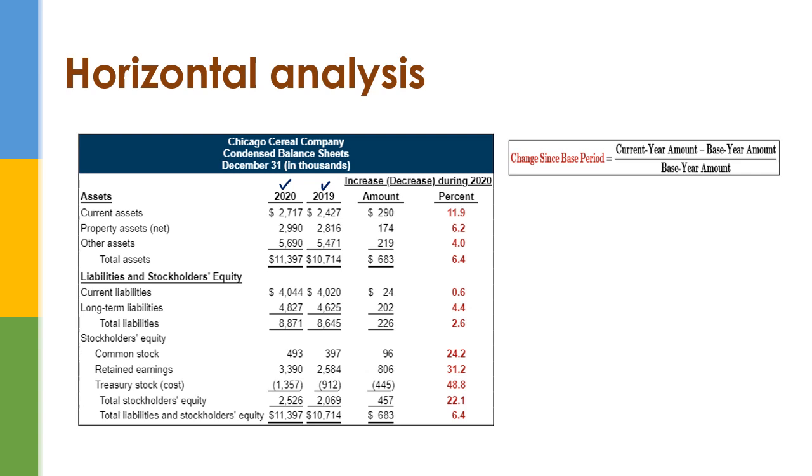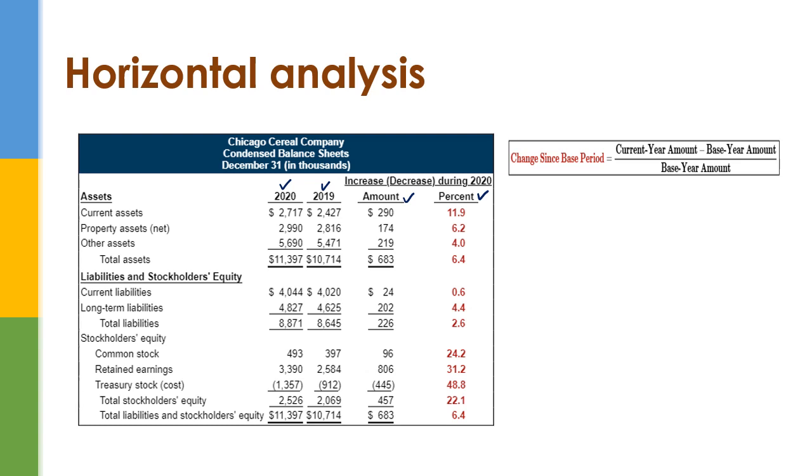The purpose is to determine whether there's an increase or decrease that has taken place, and it can be expressed either in amount or as a percentage. The formula is given here: the current year amount minus the base year amount, divided by the base year amount.